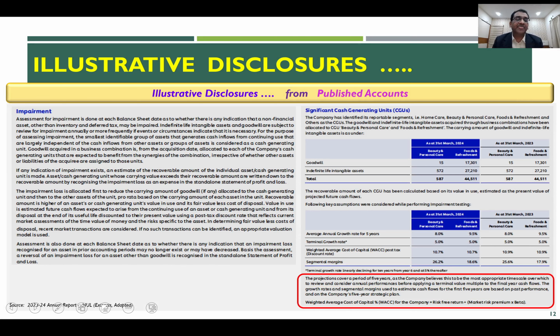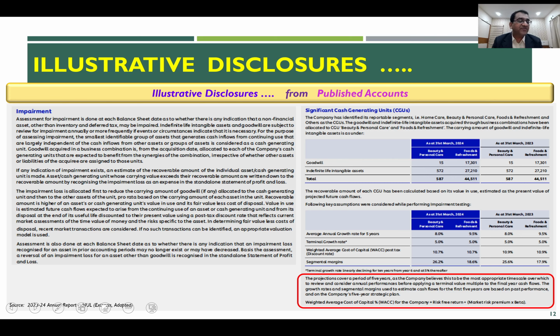When they are applying the CGU and the impairment requirements, if you read at the bottom, it says the projections, when you are estimating the value in use for the purpose of impairment testing, cover a period of 5 years, as the company believes this to be the most appropriate time scale over which to review and consider annual performance before applying a terminal value multiple to the final year cash flows.